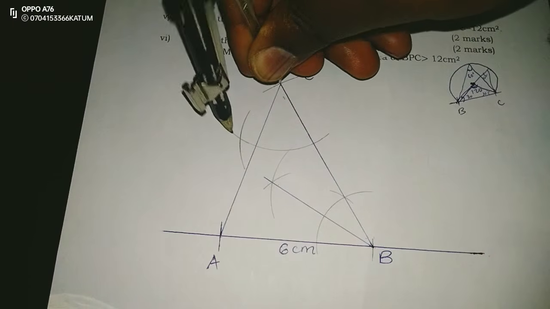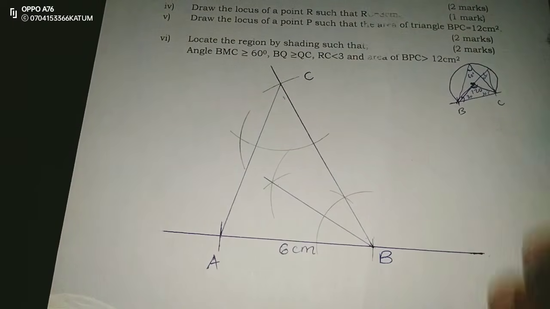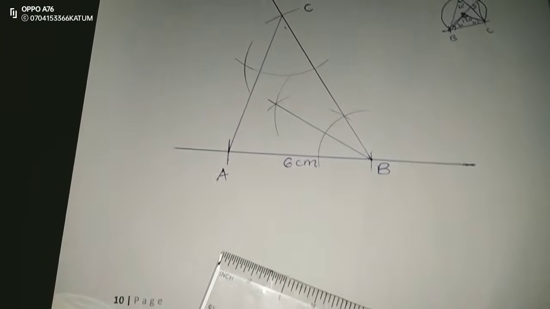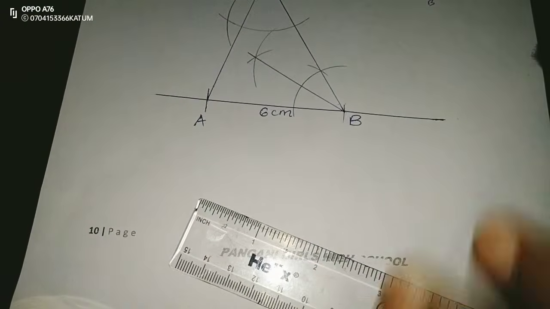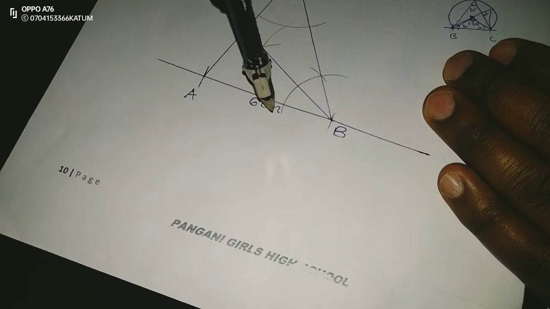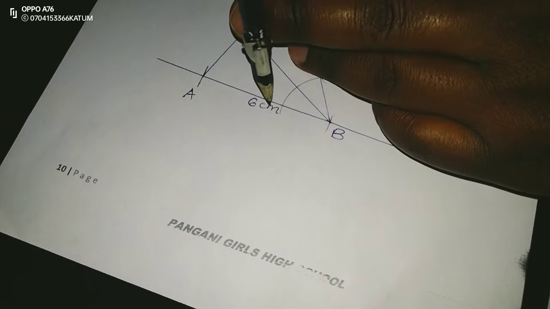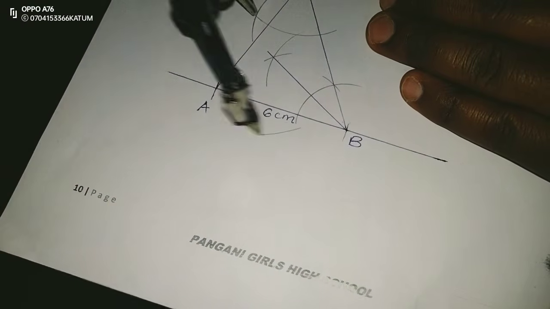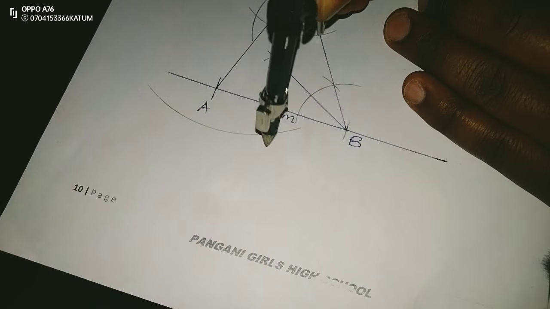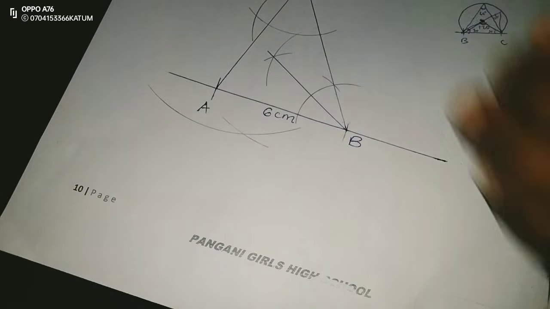Okay, this is 60. We can bisect this 60 now so that we get 30. Bisecting 60 means I stand here, I make an arc, then at this point, with the same radius, I make an arc.